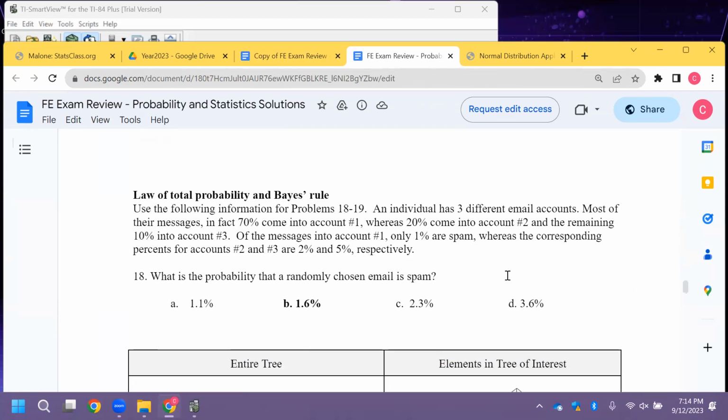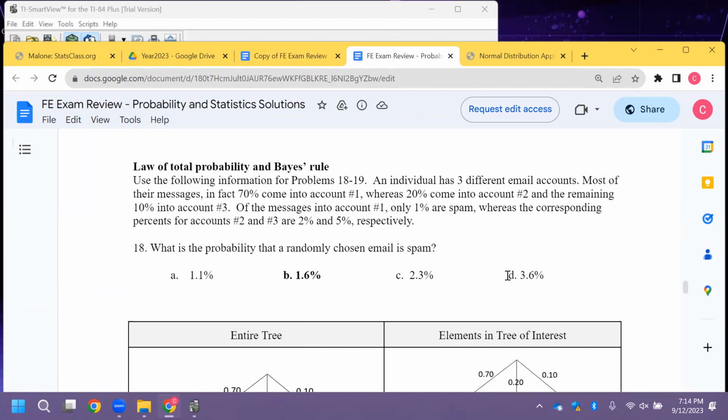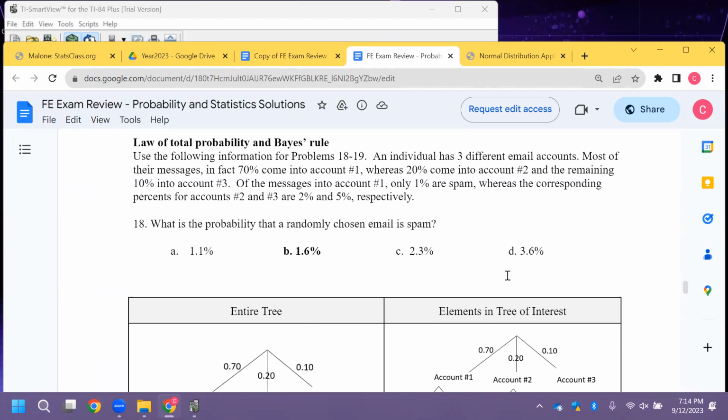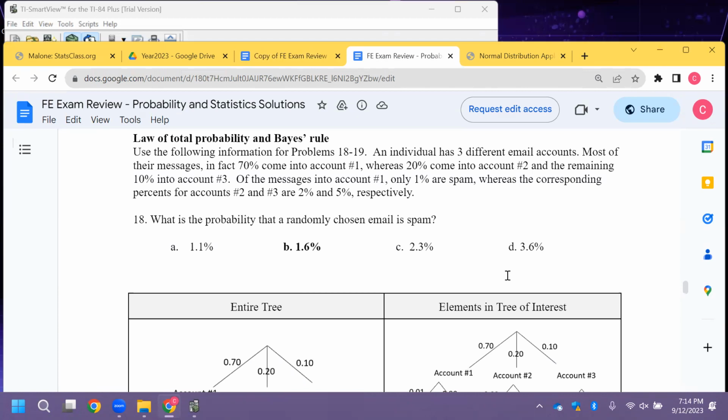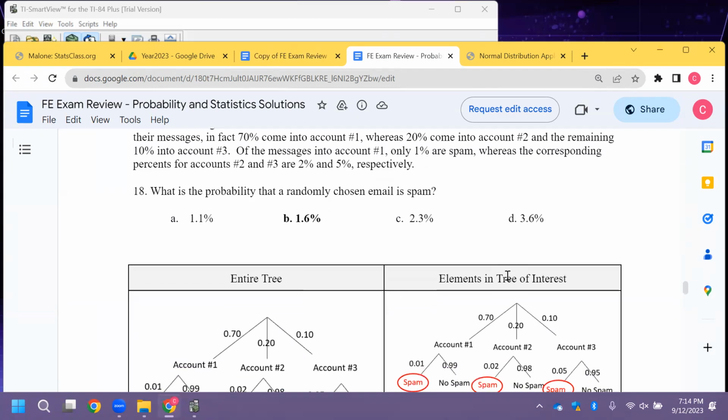So an individual has 3 different email accounts. Most of their messages, 70%, come from account number 1, 20% from account number 2, 10% from account number 3. Okay, so right off the bat, if I'm trying to think about this in terms of a tree, it is literally just making 3 branches. The one to the left, obviously, is account 1. The one in the middle is account 2. The one on the right is account 3.